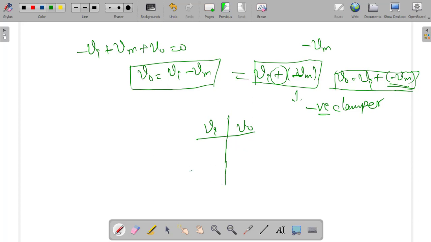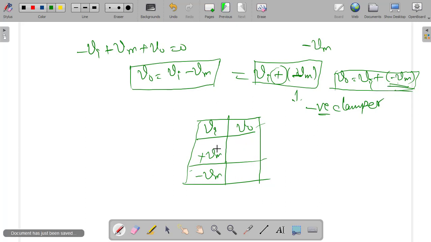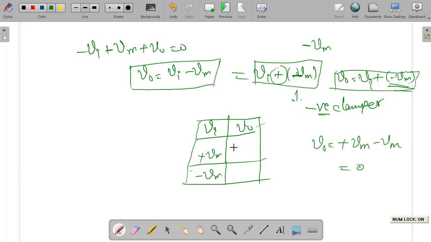Substituting in V0 equals Vi minus Vm, let us keep Vi equal to Vm: Vm minus Vm will be 0. Whenever Vi is equal to plus Vm, then V0 is equal to 0.